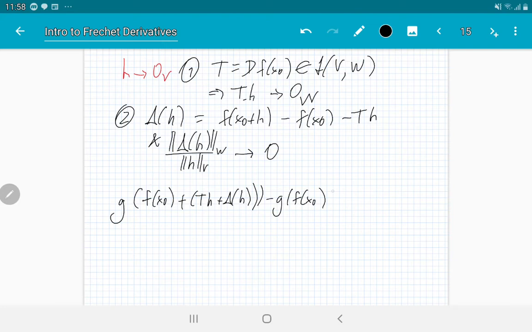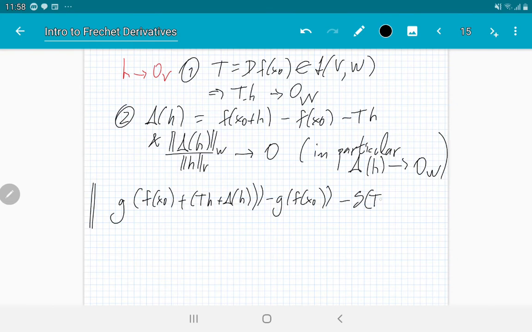So this is y0, by the way. In particular, I know that delta of h has to go to 0 as well, because if delta h divided by something goes to 0, then even more so when I don't divide.